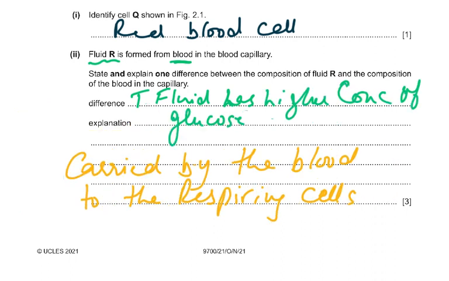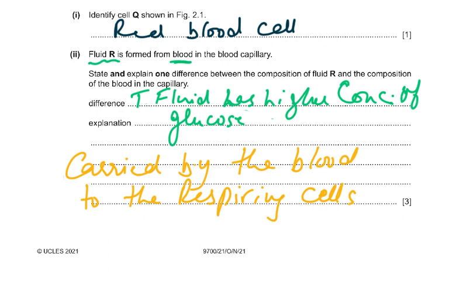The last point which I want you to remember is that tissue fluid has a higher concentration of glucose. Why would the tissue fluid have a higher concentration of glucose? It is carried by the blood to the respiring cells. So the glucose is going to diffuse out and enter the tissue fluid, and then of course it's going to be used by the cell.